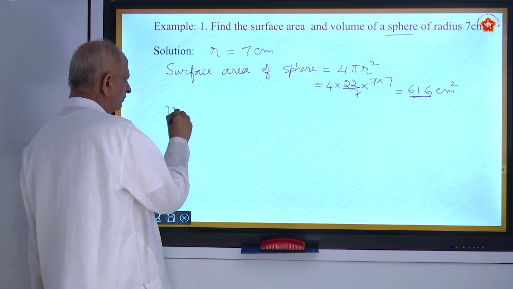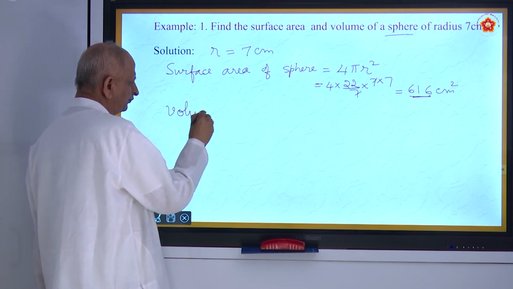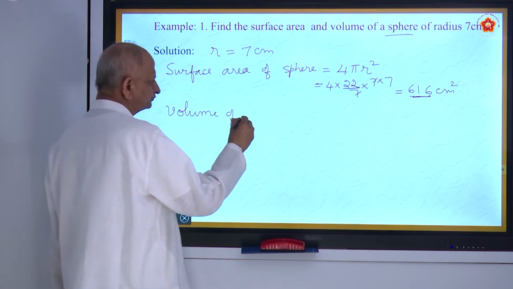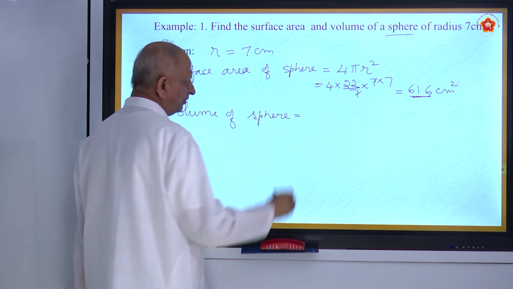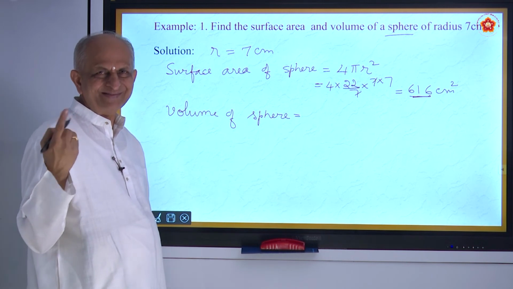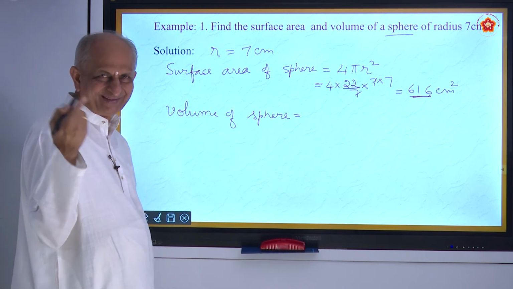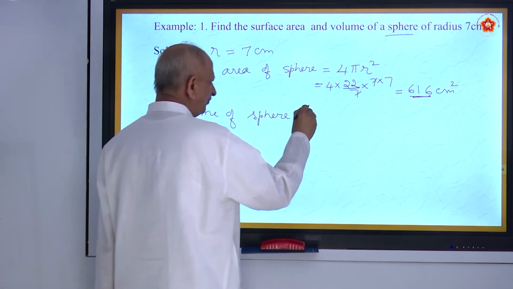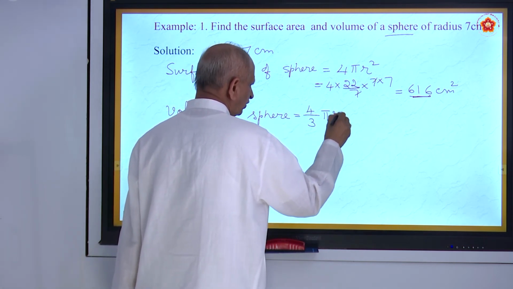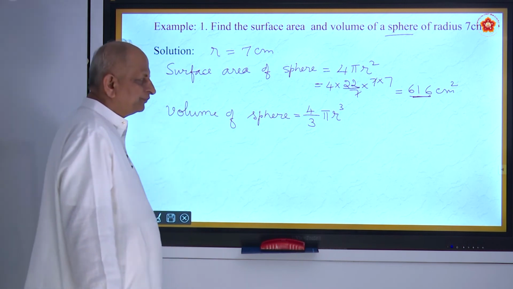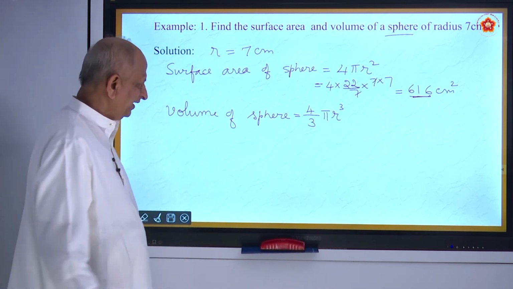What about volume? Volume of a sphere. Formula? Anybody? Come on. Yes, it is 4 by 3 pi r cube. What is r? R is radius.